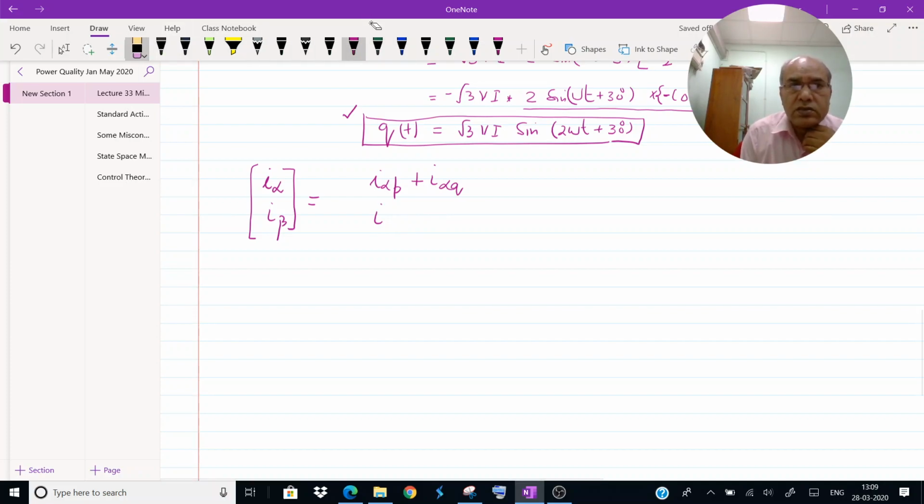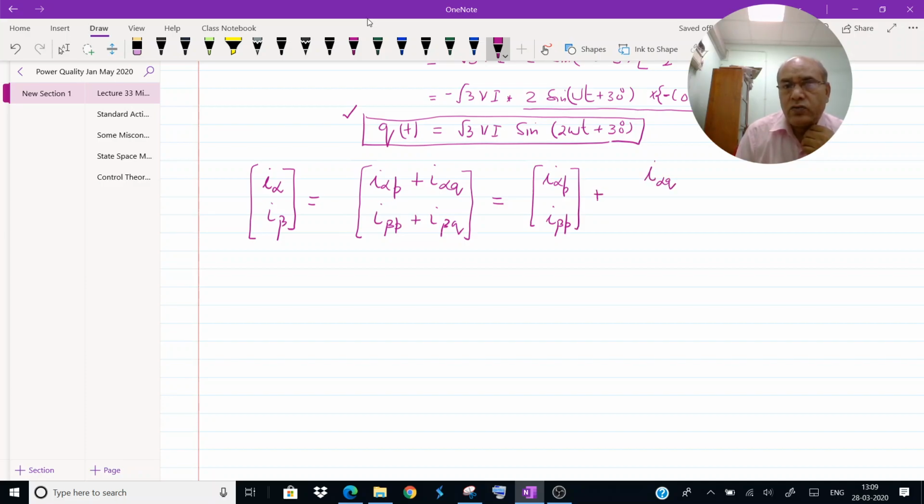This is i beta p plus i beta q, and this we can write in the form like this: i alpha p, i beta p plus i alpha q and i beta q.